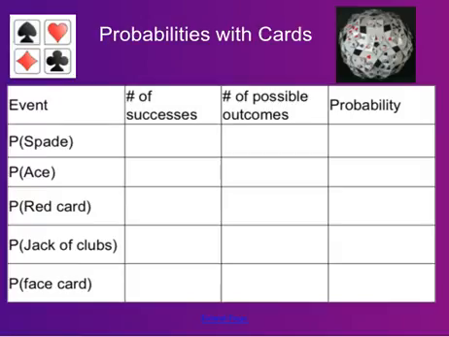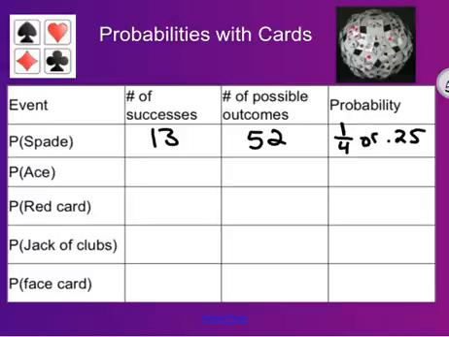All right, so then let's do some probabilities with cards. The probability of a spade: there are 13 successes out of a possible 52. That's 13 out of 52, which reduces to 1/4, or 0.25.